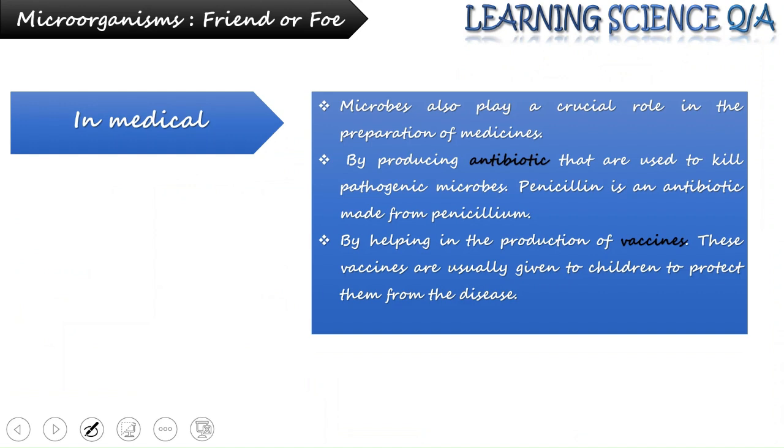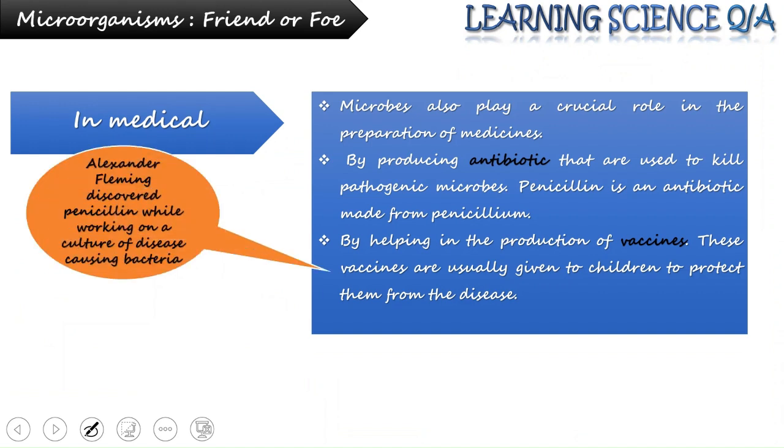Helping in the production of vaccines is another way these microbes are helpful. Vaccines are given to children and adults to protect them from various kinds of diseases. Alexander Fleming first discovered penicillin while he was working on a culture of disease-causing bacteria.